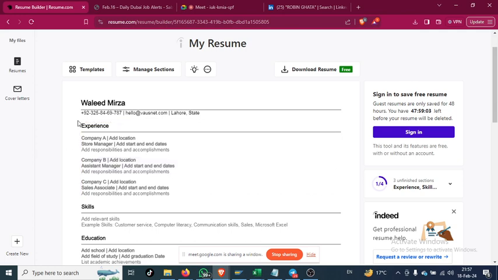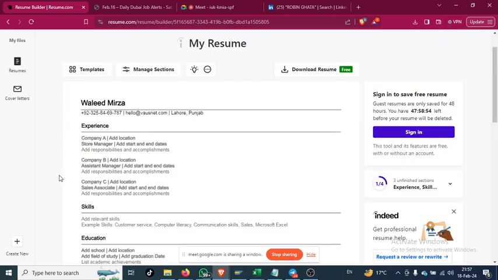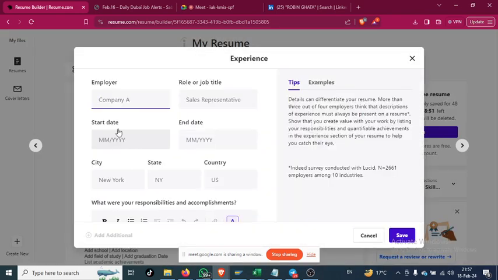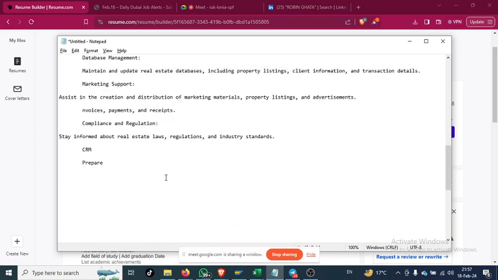Okay. Now state is not given. Save. Now speaking of experience, let me just put down the format.